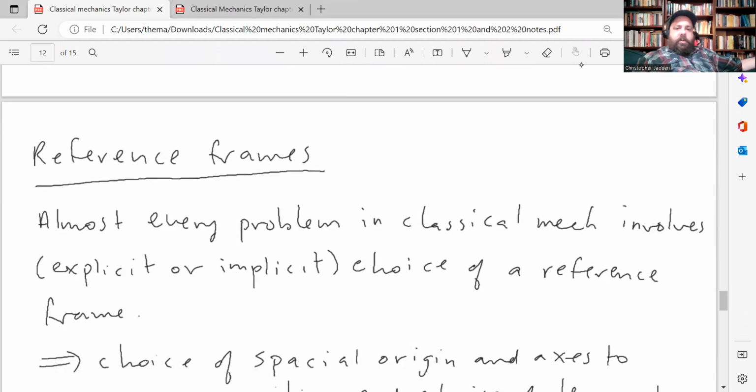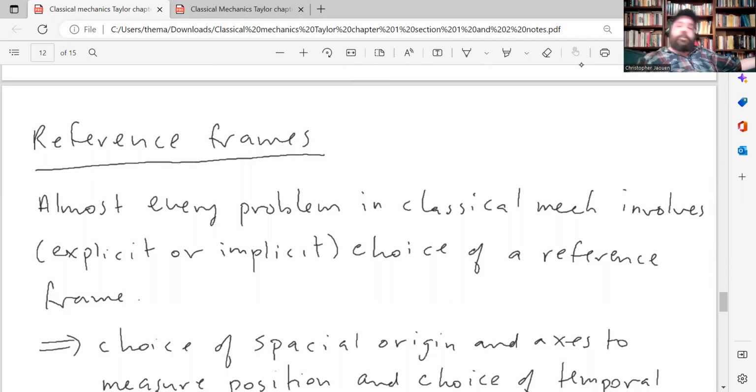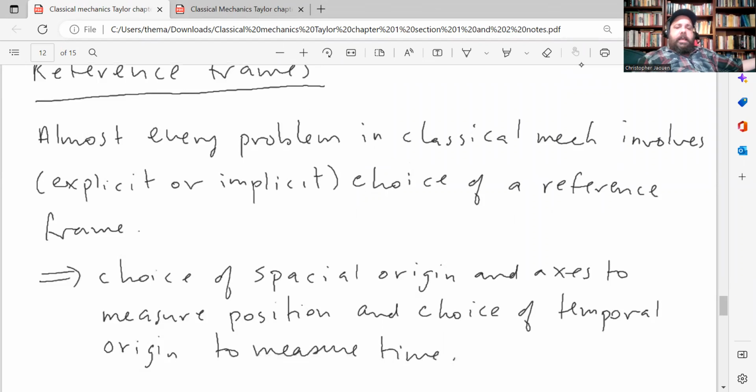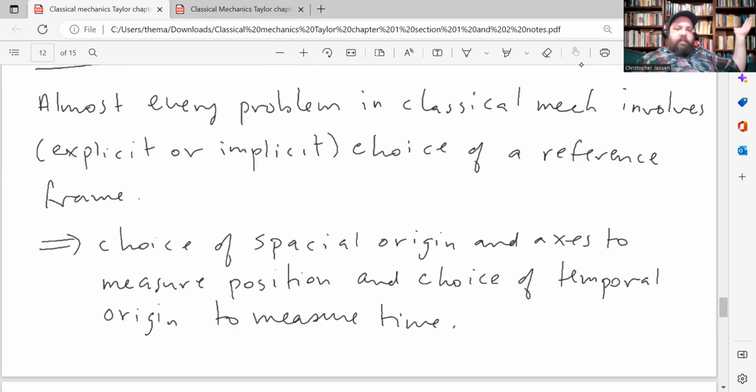Okay, another important concept, the last thing he talks about in section 1.2, is reference frames. Almost every problem in classical mechanics involves explicit or implicit choice of reference frame. This is the definition: a reference frame is a choice of spatial origin and axes to measure position, and a choice of temporal origin to measure time.